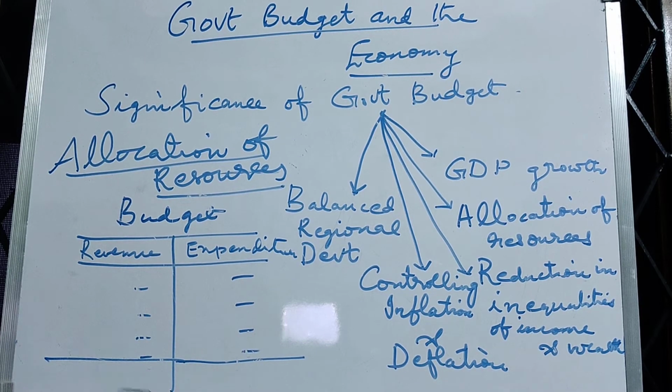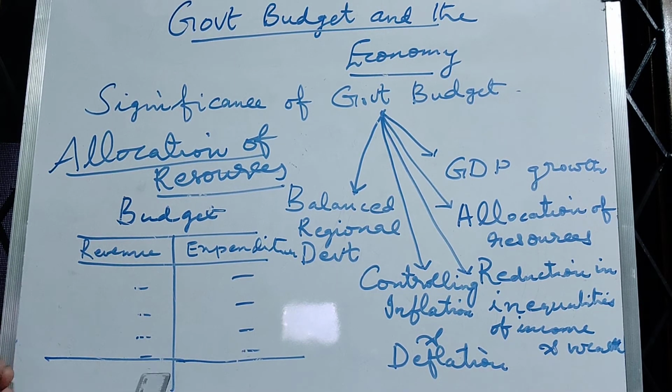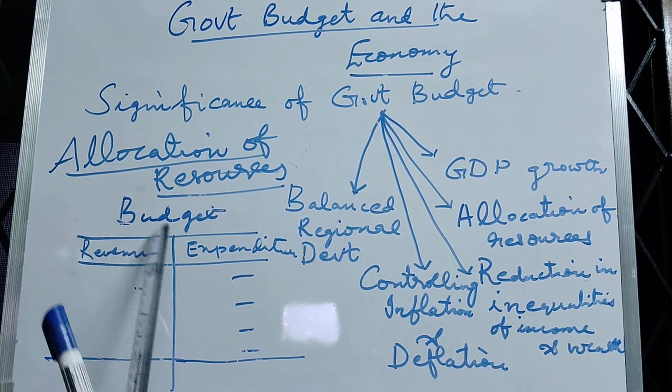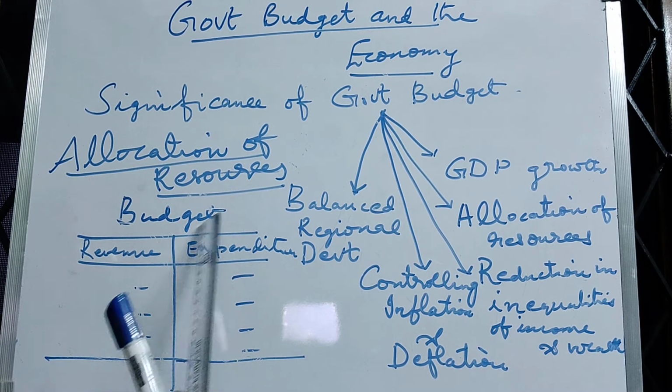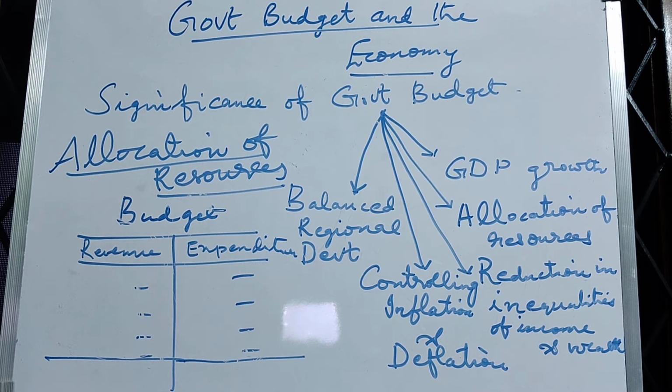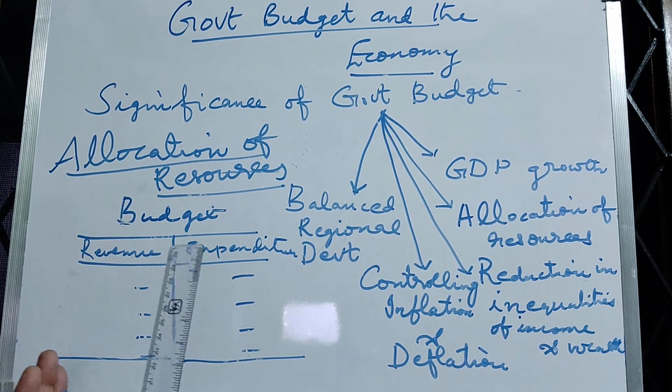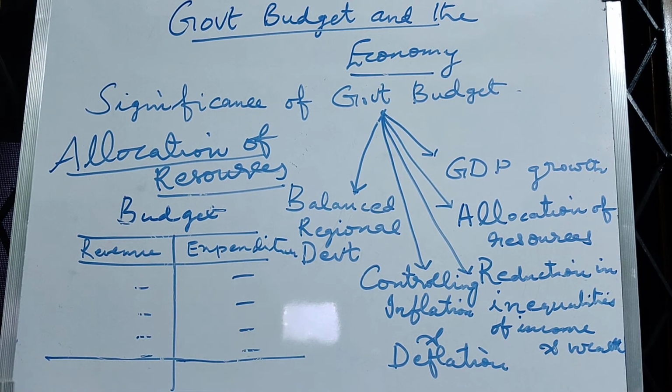For the proper use of the resources of the economy, for the proper use of the revenue generated in the economy, we also have to list out the various items of expenditure: on which areas the government needs to spend money, on which areas the government need not. These decisions and this preparation are very important.